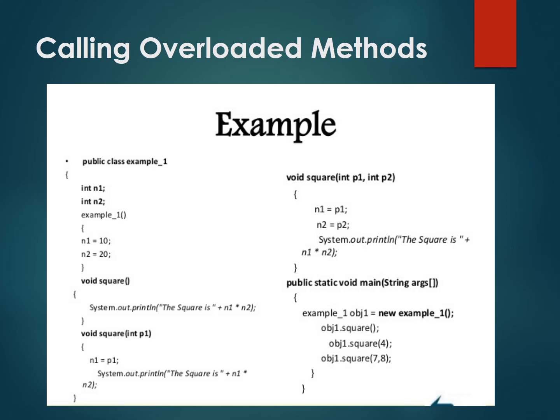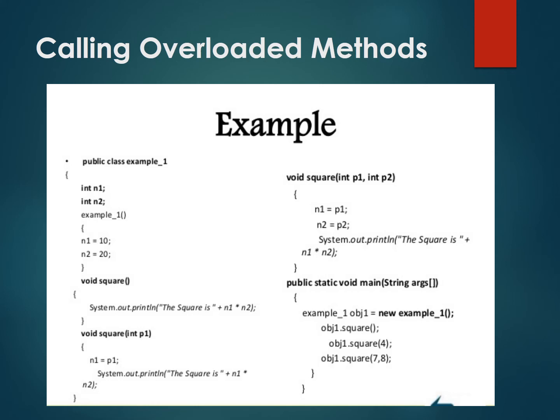Next, there are three overloaded methods, because that is square, because the names of all the three methods are same but they contain different lists of formal parameters. First is void square, it does not contain any parameter, it is just printing the product of n1 and n2.